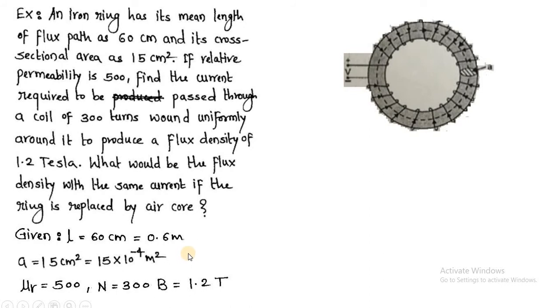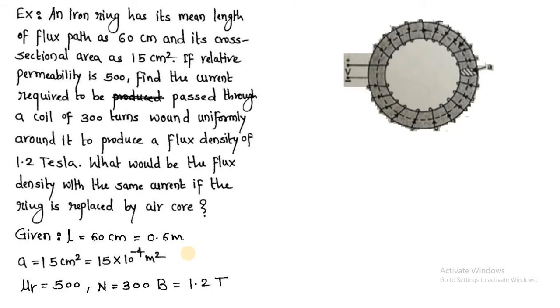Now we are supposed to find the current. How will I find the current? Which formula contains current? Flux equal to MMF upon reluctance.